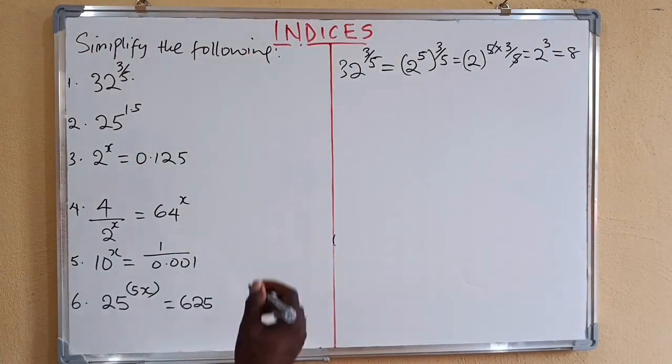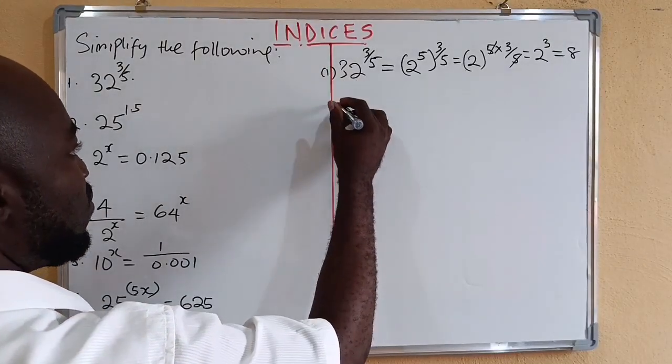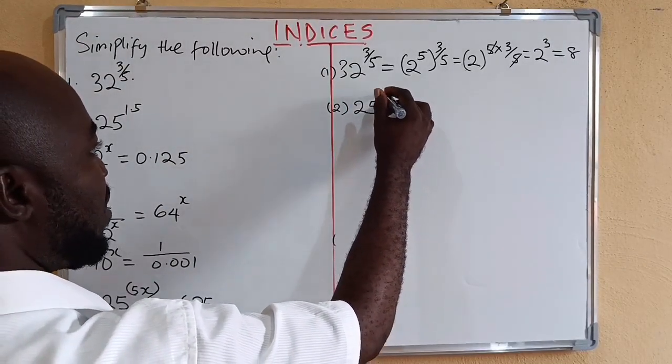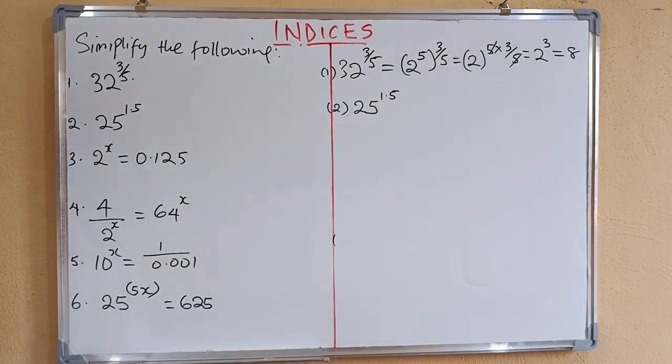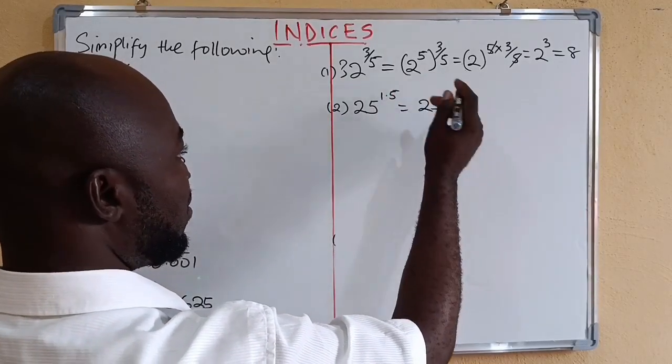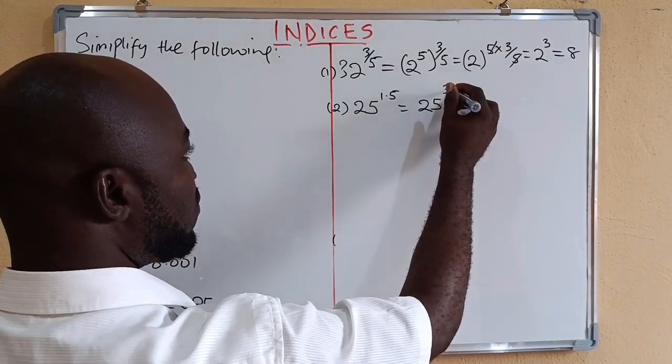Now the second one, which is 2, is 25 to the power of 1.5. And if you look at this closely, 1.5 means 3 over 2.